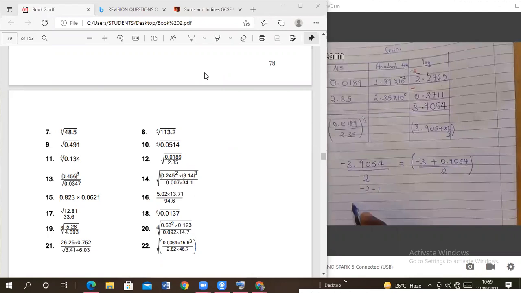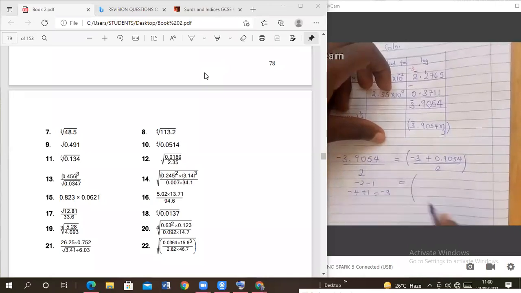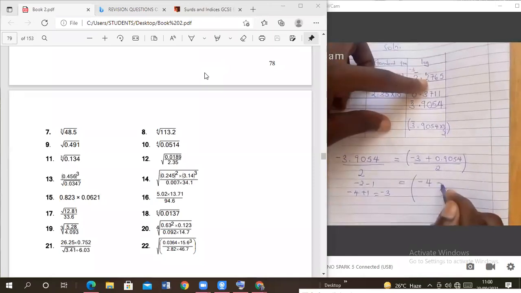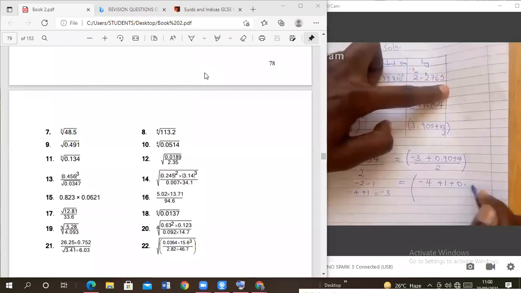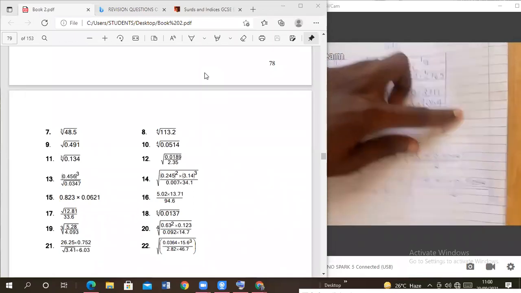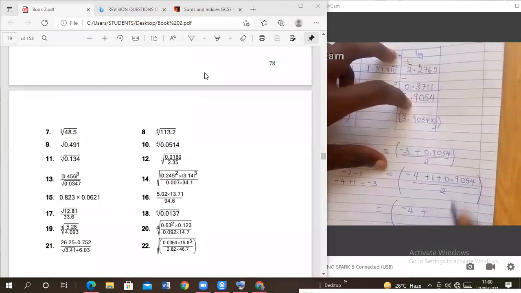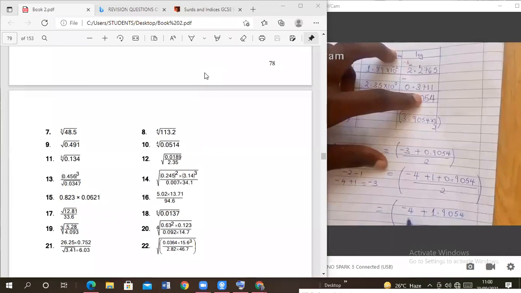Is it negative 4 plus what? Negative 4 plus 1, so that they give me negative 3. So now I will have negative 4 plus 1 plus 0.9054. Divide everything by 2. Now this one will give me negative 4 plus, I add this one because it's a positive, so it will give me 1.9054. Divide this one by 2.